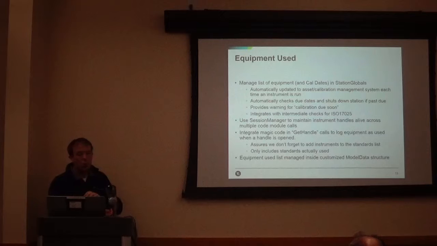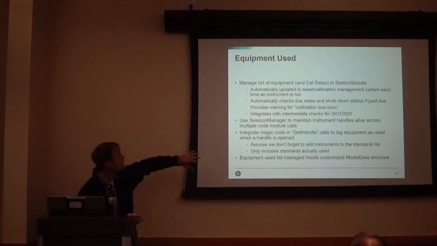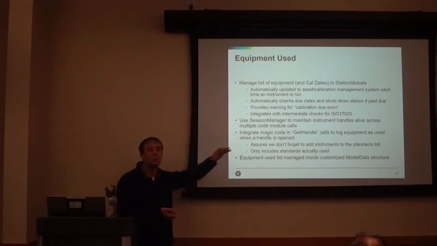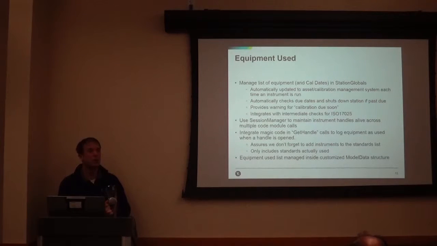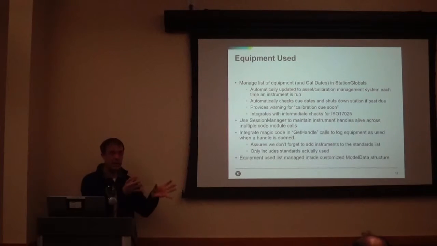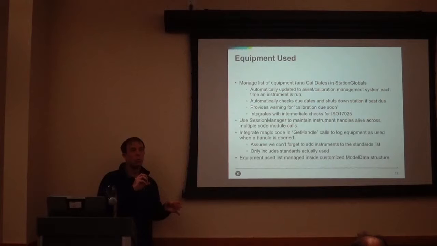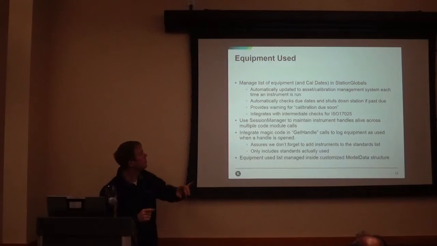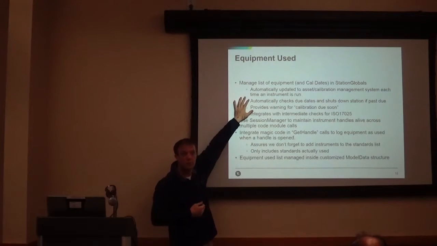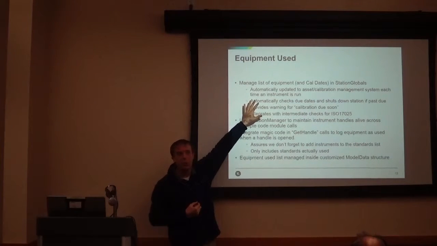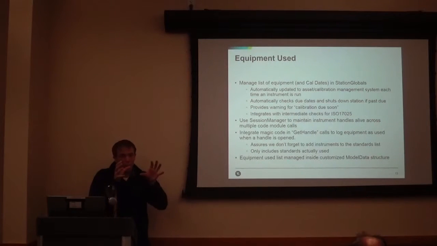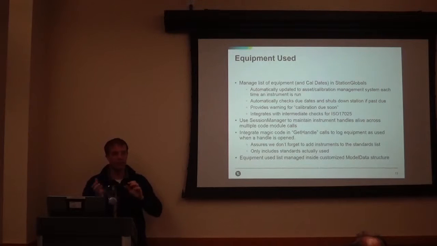And then we work through a custom handle management structure that we've put in place, our get handle process, that works through the logical names in the equipment list. Once I say get a handle to DM1, it automatically goes into the station globals equipment list, finds out what DM1 is, and puts it in the list of equipment used so that it goes on the certificate.